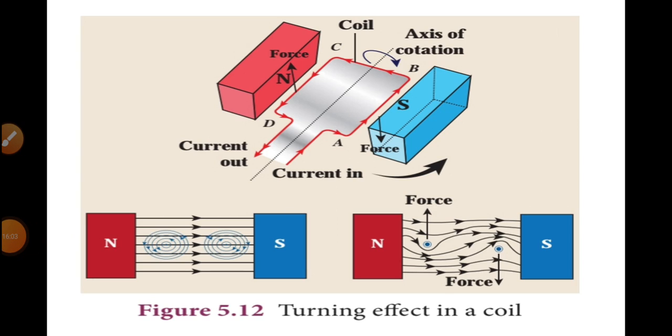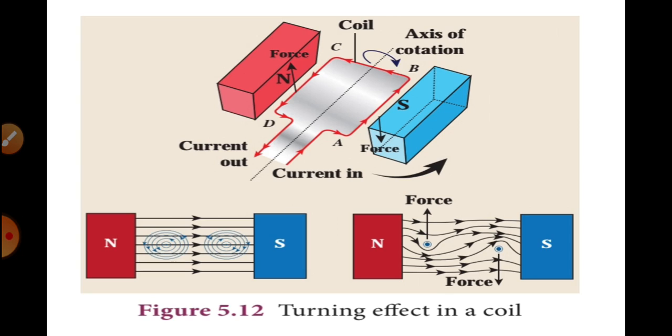Now in segment AB, the direction of the current is towards B, from A to B. Whereas in the conductor segment CD, the direction is opposite.